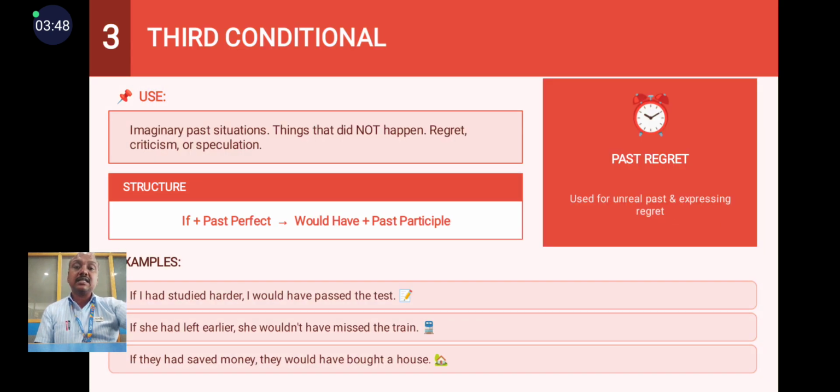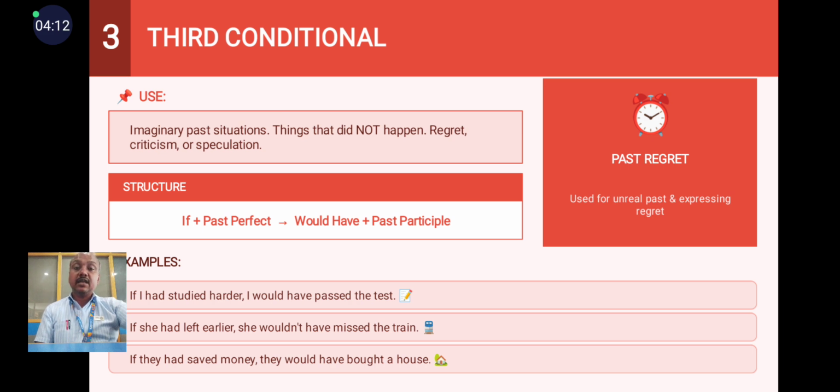We are moving to the next condition, that is the third condition. The third condition is used in imaginary past situations, things that did not happen, regret, criticism or speculation. The structure of the third condition is if plus past perfect, then would have plus past participle.